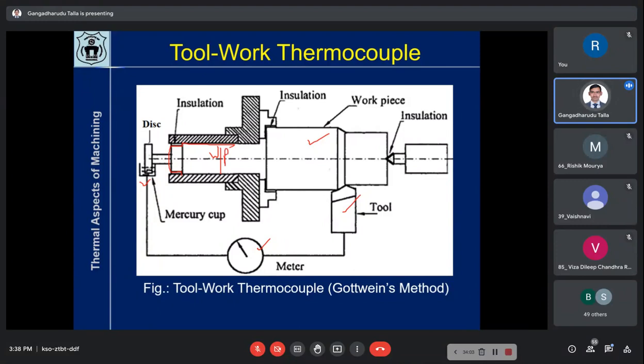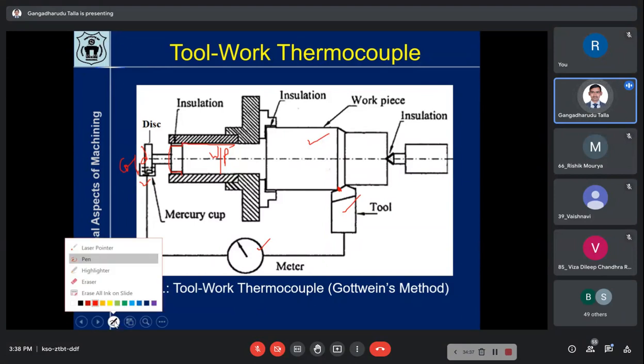So you have prepared one junction here. This is the cold junction, and this is the hot junction here. Now, based on the voltmeter reading, you can measure the temperature. Understand? Now, why is there a mercury cup here instead of direct contact?